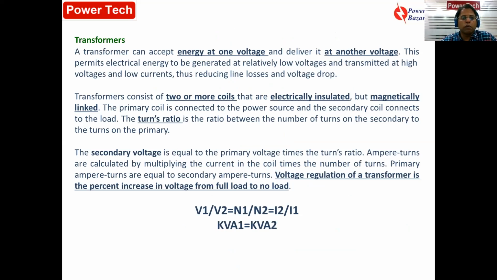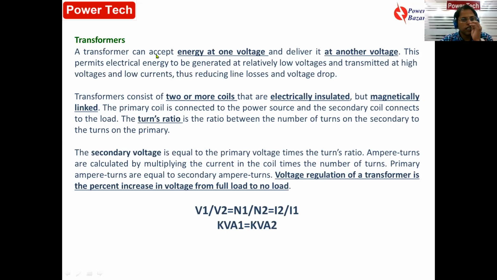Now, what is a transformer? Basically, a transformer is an electrical device which transforms voltage or energy from one winding to another winding. That means it steps up the voltage or steps down the voltage.